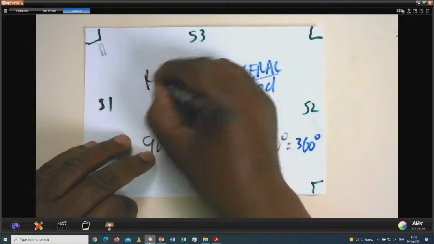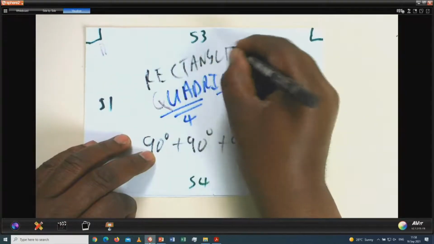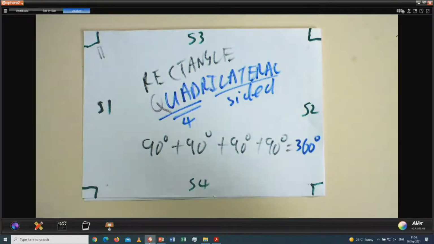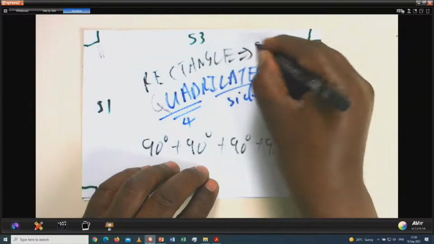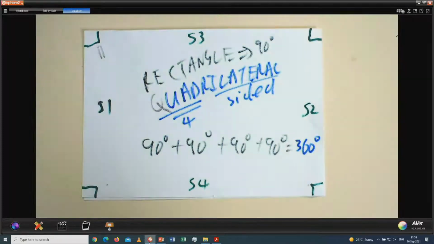It's a four-sided figure. It's called a rectangle because of angles of 90 degrees. Each angle is 90 degrees. So it's a relationship. How are angles related to this figure? That's basically that. You can do it yourself.